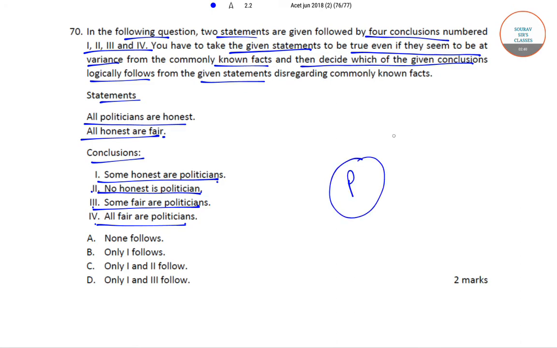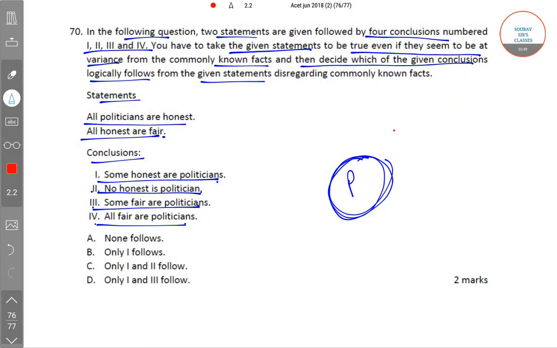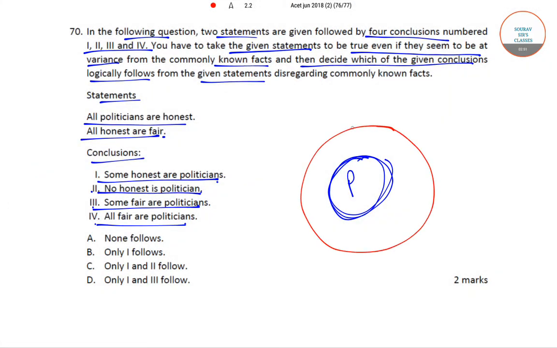So if this is the group politician, then for honest, so this is honest.